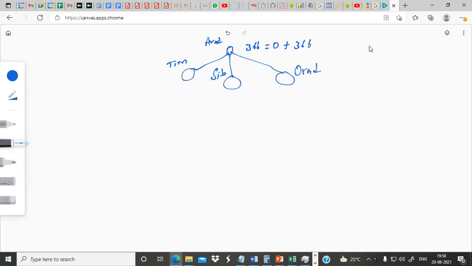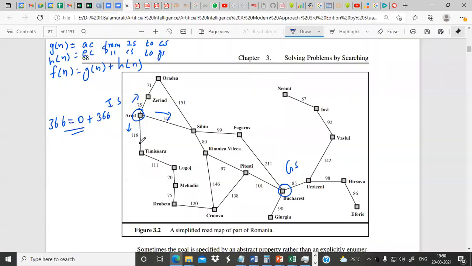What is the cost of reaching Timisoara? The cost of reaching Timisoara is 118. Sibiu 140. Not Oradea, Zerind. Arad to Zerind. Okay, there is no direct path to Oradea. Zerind 75.